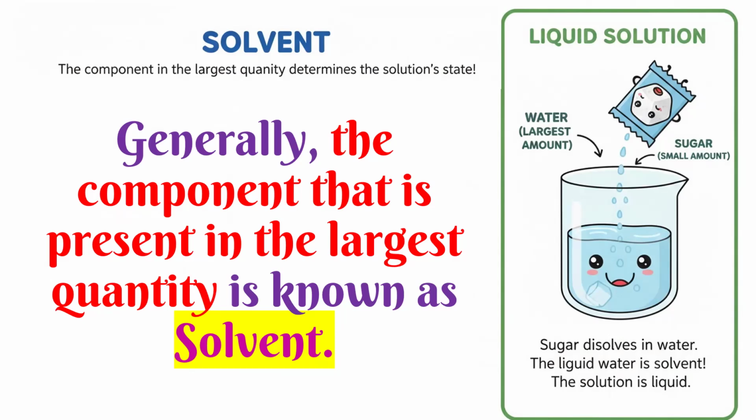The component in the largest quantity determines the solution state. Water is a liquid and sugar is solid, but water is in the larger quantity, so water determines the state of the solution. So the solution will be liquid.